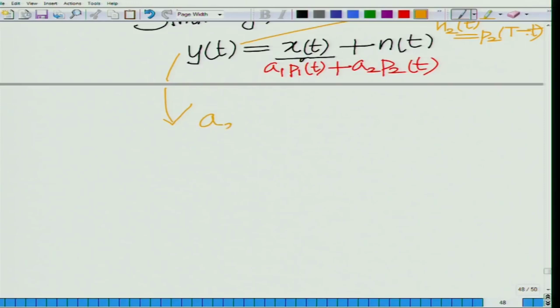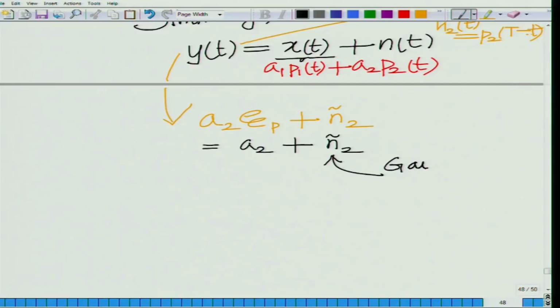So, this will give you A2 times EP plus N2 tilde, EP is 1 which is equal to A2 plus N2 tilde. N2 tilde is Gaussian, with mean equal to 0 and variance N naught by 2 EP, but EP is 1.